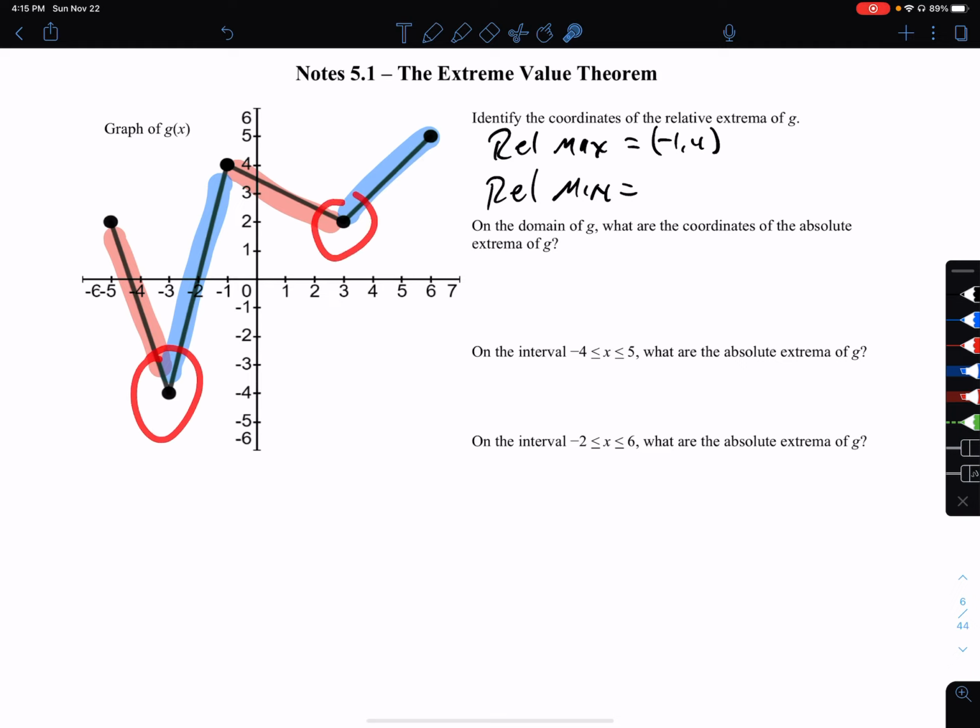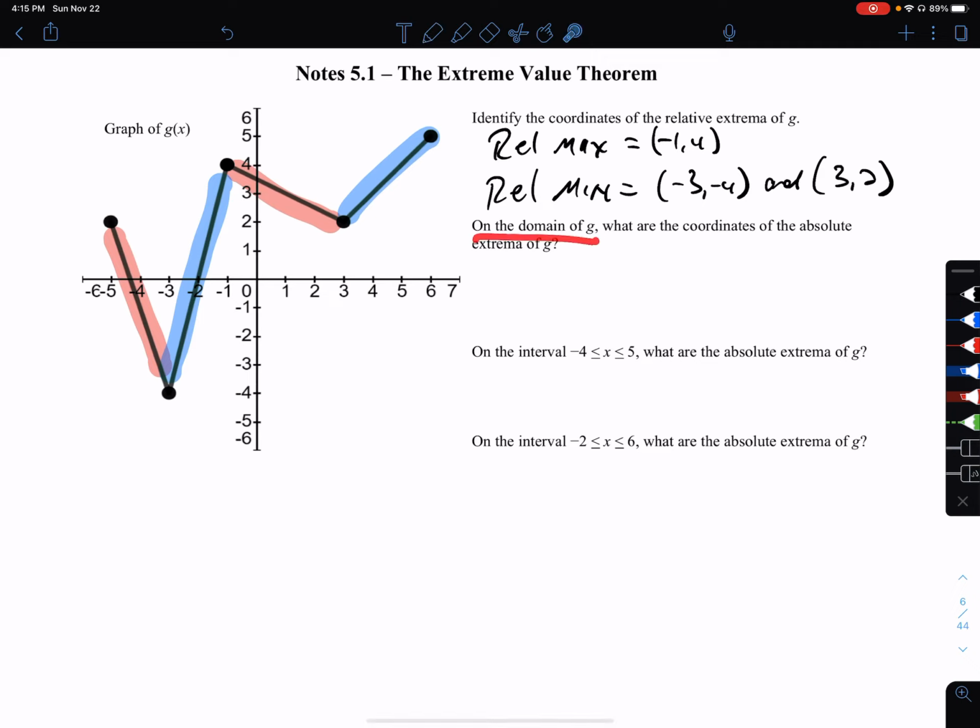So we got here, here, and here. I think I only circled 2 of those 3 a moment ago. At -3, -4, and this other one looks to be at 3, +2.